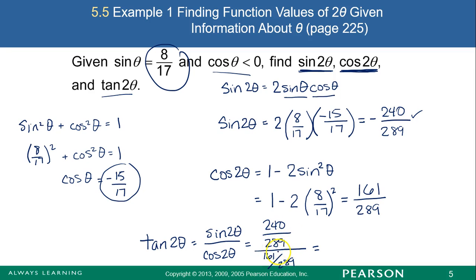Now, when you multiply the numerator by the reciprocal of the denominator, the 289s cancel out and you're left with 240 over 161. And sorry, this was negative, so this is negative. So now we found cosine, we found sine of 2 theta, cosine 2 theta, and now tangent of 2 theta. We are done with this problem.